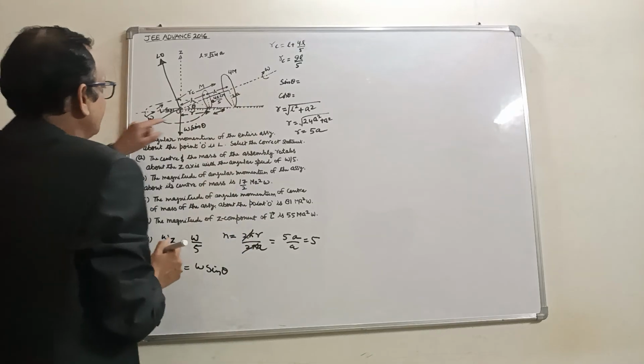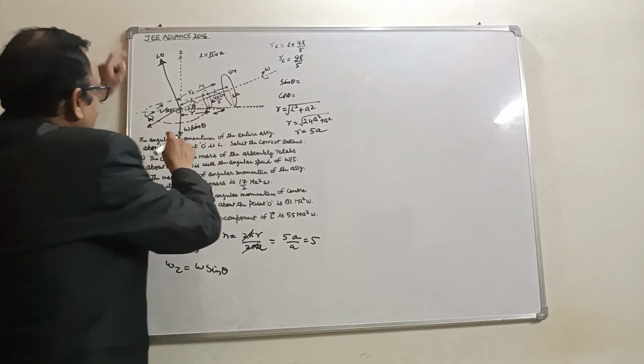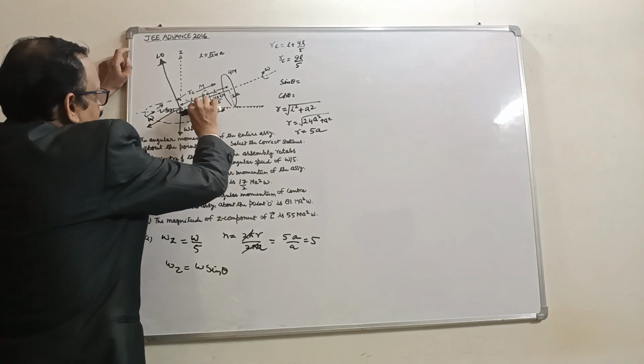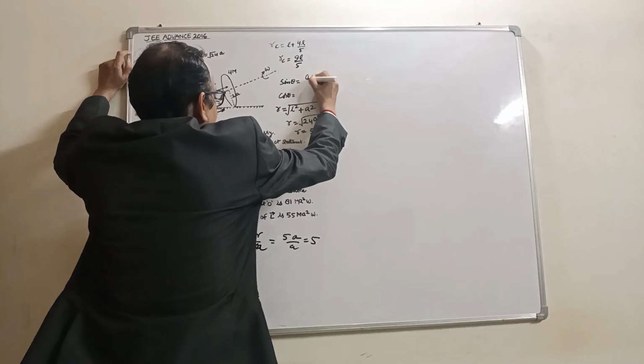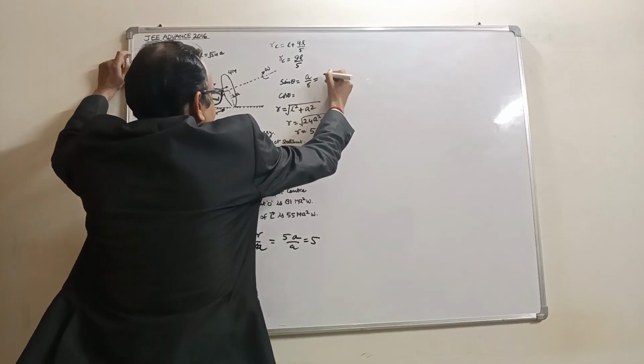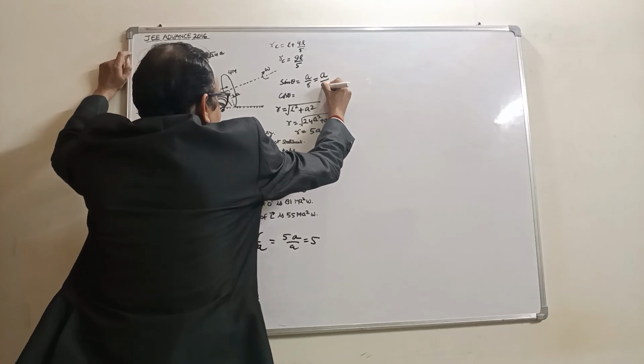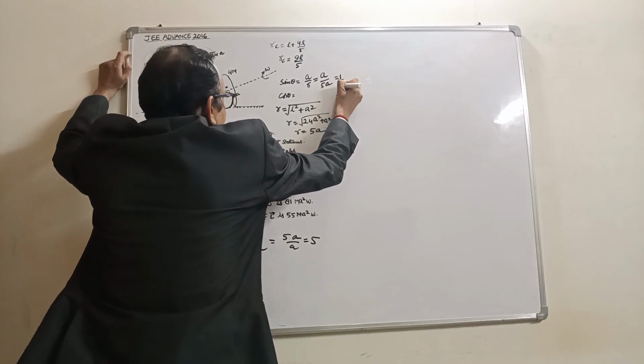What is the value of sin theta? The value of sin theta is perpendicular upon hypotenuse, which is a by r. Here a is a and r is 5a, so sin theta becomes 1 by 5.